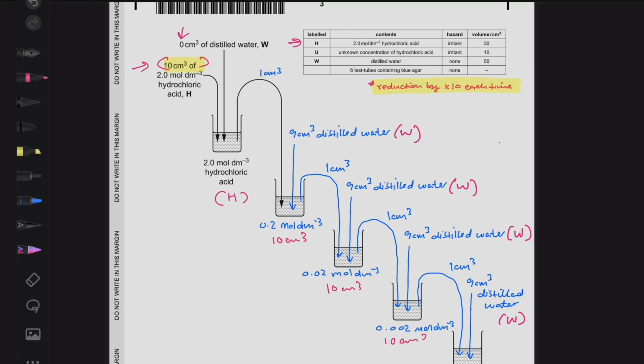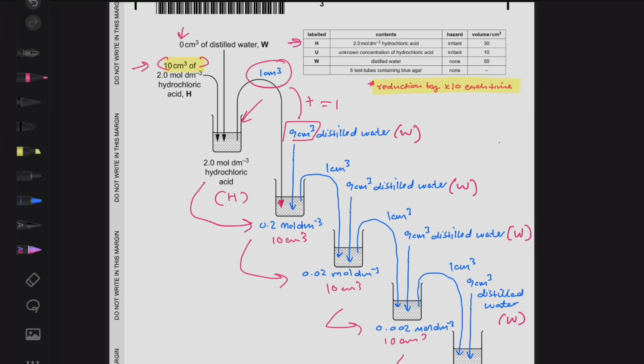So we need to go from 2 mol/dm³ to 0.2 to 0.02 to 0.002 to 0.0002. That's what a reduction by a factor of 10 means. In order to do this, we need to take HCl and make it 1/10 of the next solution. How are we going to do this? We're going to take 1 cm³ of our 2 mol/dm³ HCl, and transfer it to this next solution, and then add 9 cm³ of distilled water.